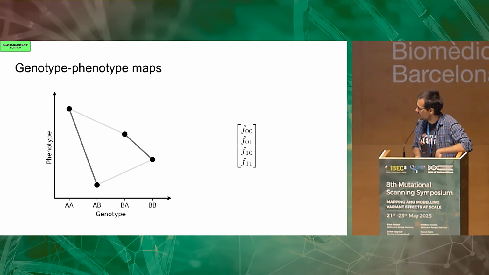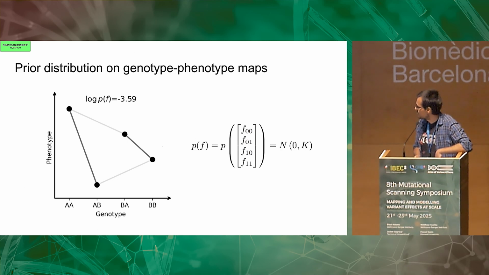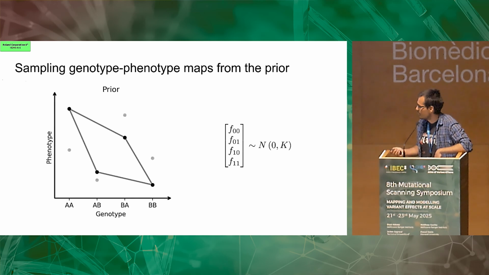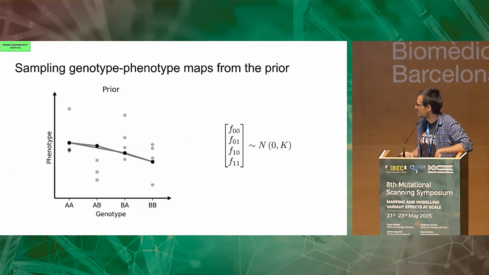The way these models work is we place a prior distribution over the set of possible genotype-phenotype maps that allows us to give a probability value to any genotype-phenotype map. And we can, for instance, say that this alternative genotype-phenotype map is less likely under the prior. We can also draw samples from the prior distribution, and we can draw as many as we want to see the behavior that this prior has.